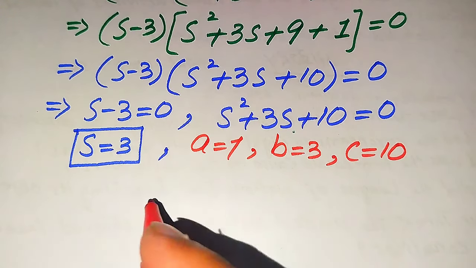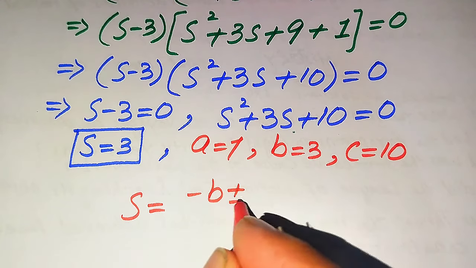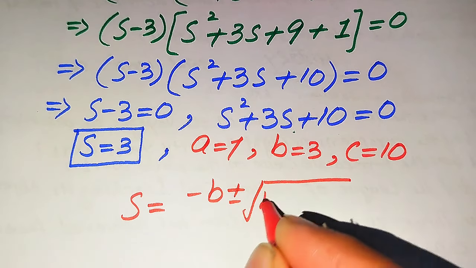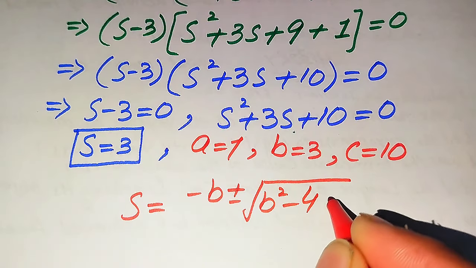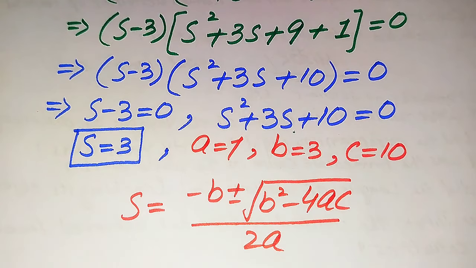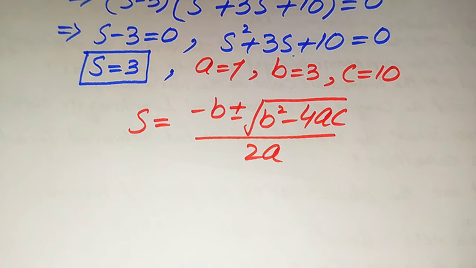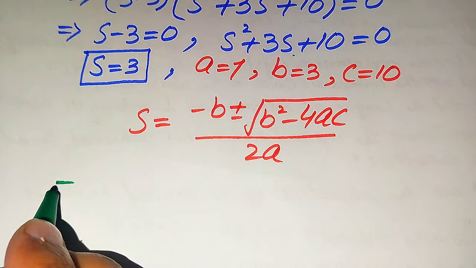And now we state the quadratic formula as s is equal to minus b plus minus square root of b square minus 4 times ac, divided by 2 times a. So this is our quadratic formula, and now we need to substitute the above values of a, b and c in this formula.